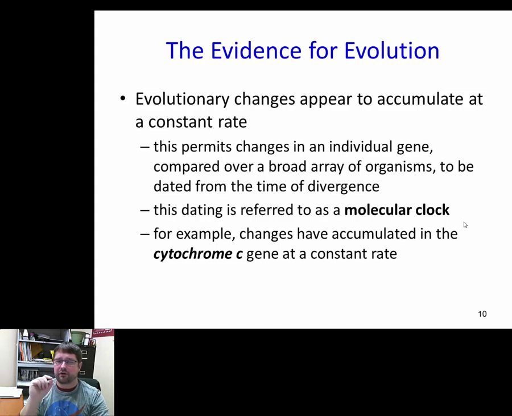Organisms can't live without this protein, but nonetheless, we can examine it and see that it has changed, a little bit of tweaks for a long period of time. But these tweaks, these changes, occur at a fairly constant rate.